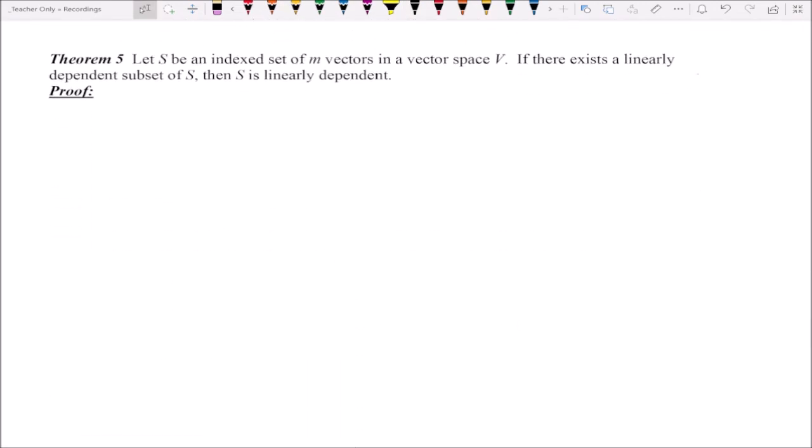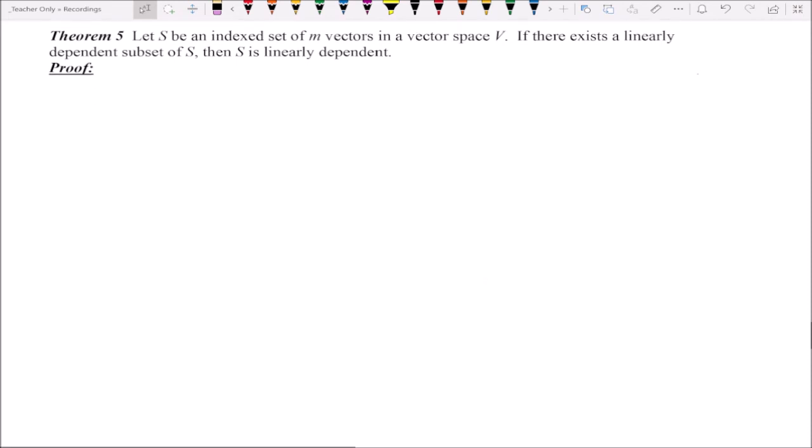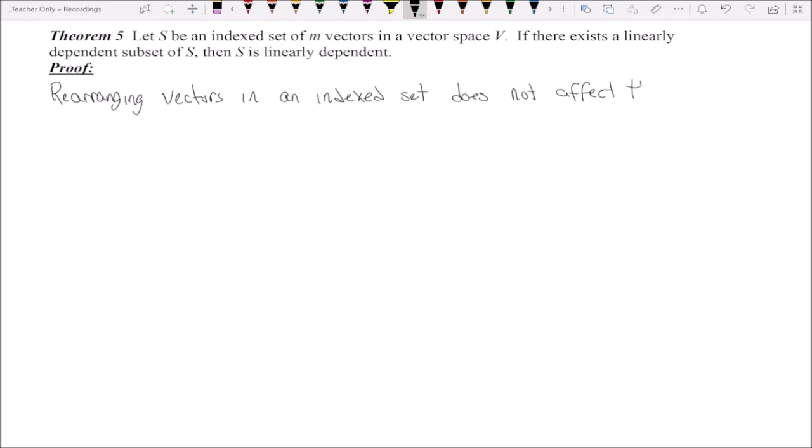Now let S be an indexed set of M vectors in a vector space V. If there exists a linearly dependent subset of S, then S is linearly dependent. So first we note that rearranging vectors in an indexed set does not affect the set's linear independence.